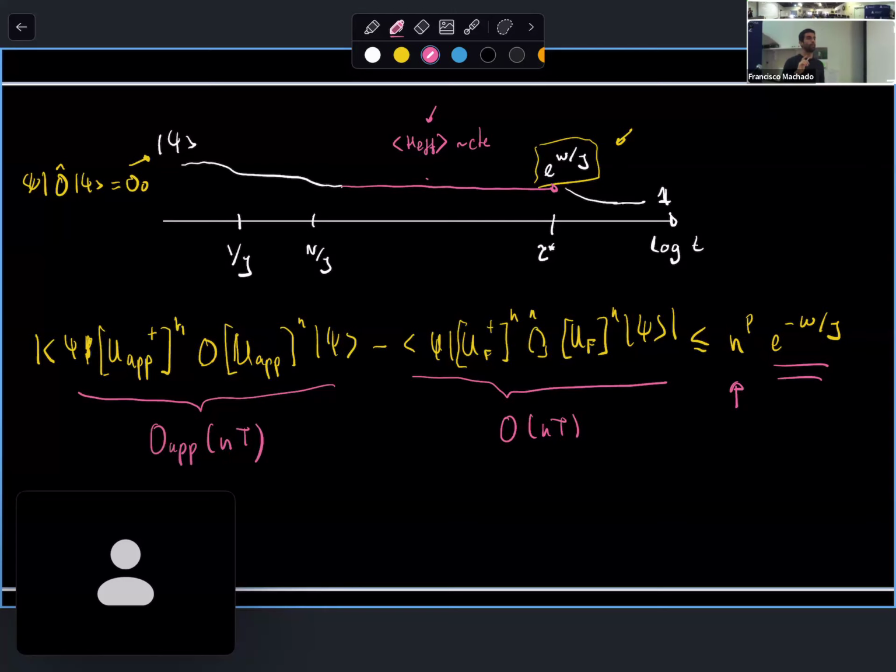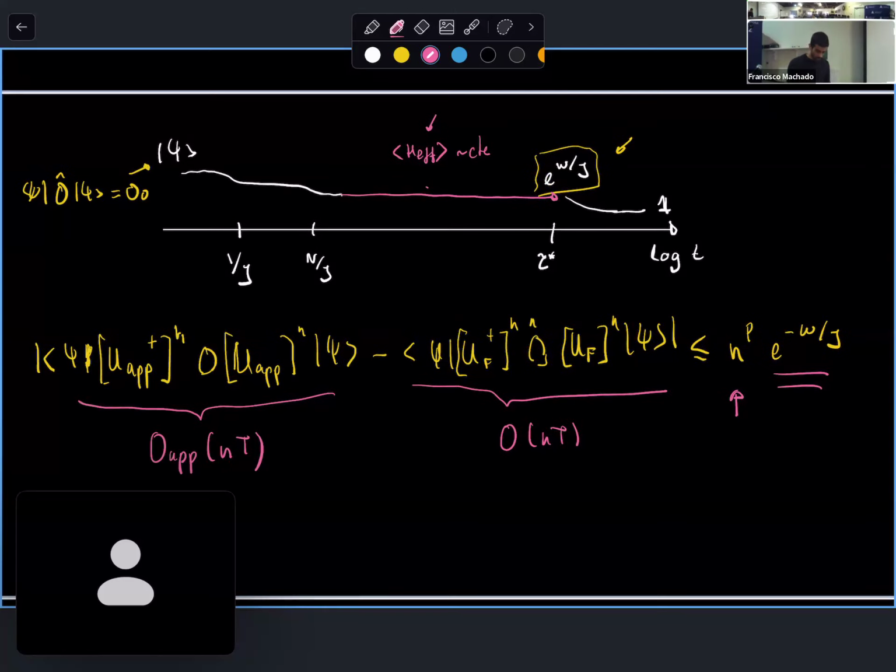Any other questions? Awesome. So what I hopefully convinced you very briefly is that the dynamics of the system up until this point is described as if I'm just evolving my system under this effective Hamiltonian.